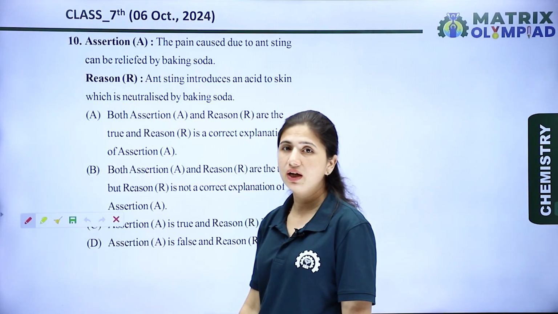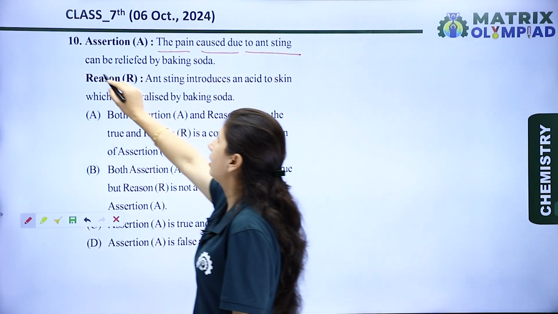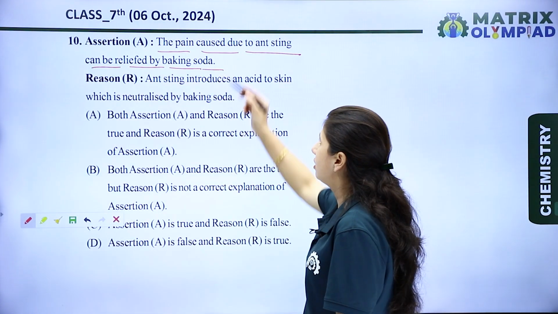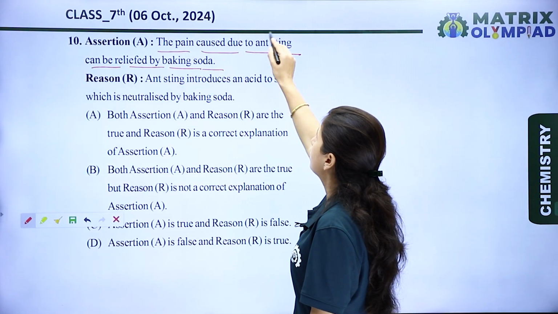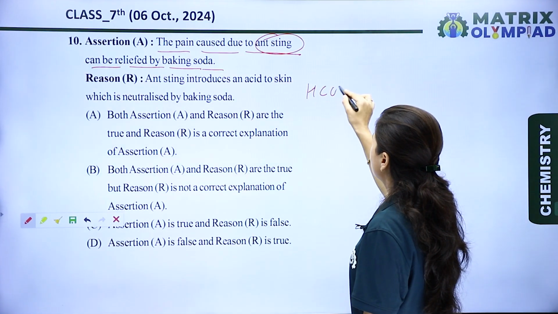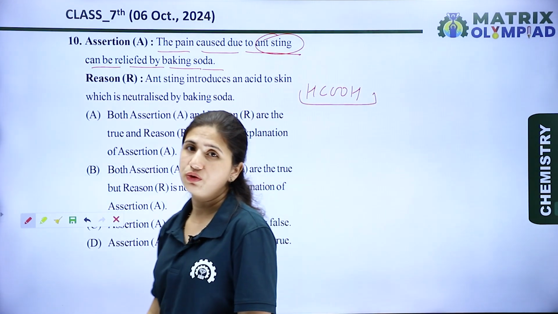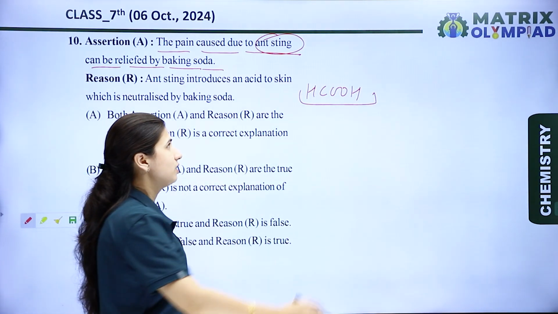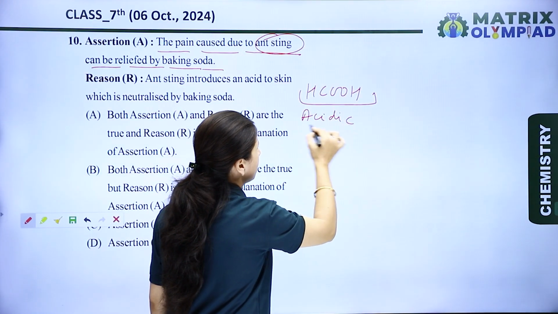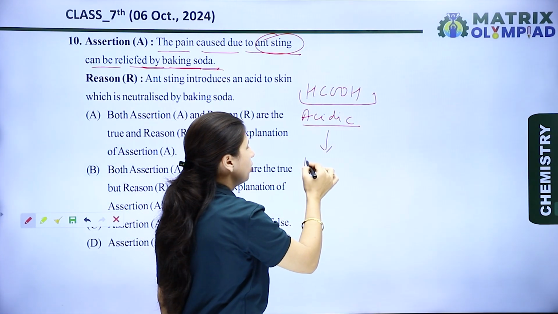Let's see the statement. The assertion is, the pain caused due to an ant sting can be relieved by baking soda. Now let's discuss this point. The pain caused due to ant sting. There is an acid present in the ant sting, HCOOH, meaning formic acid, which is acidic in nature. And what is the formula of baking soda?